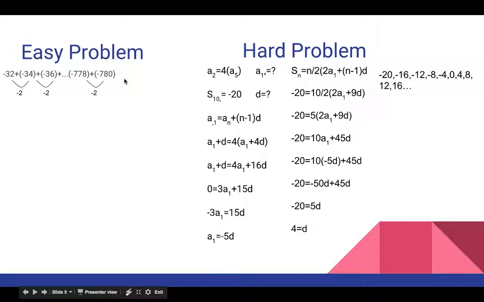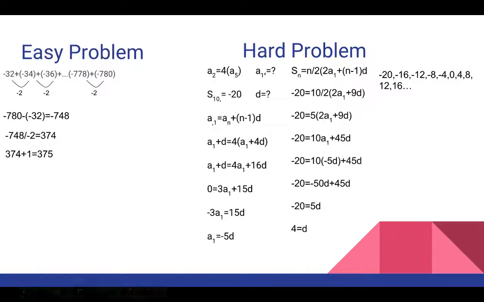And so to find how many terms there are in the whole series, we have to subtract the two from each other. So we get negative 748, but we have to divide it by negative 2 because that's the common difference. And so we get 374. But that's not the total number of terms in the series, because we still have to count the first term. So we just add one more, which is 375.